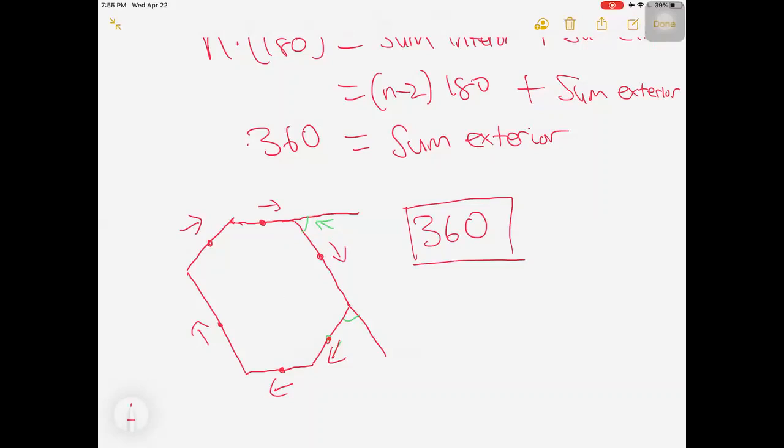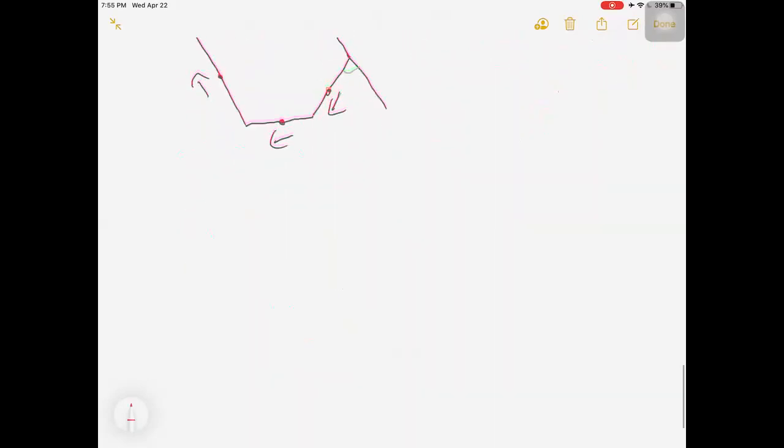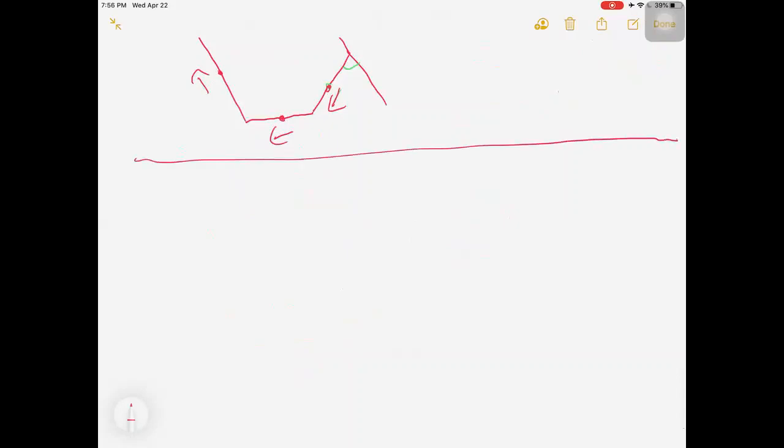Okay, so for the last 5 minutes of class, we're just going to prove some basic area formulas of other figures that you might see on some tests. So we have the area of a trapezoid.